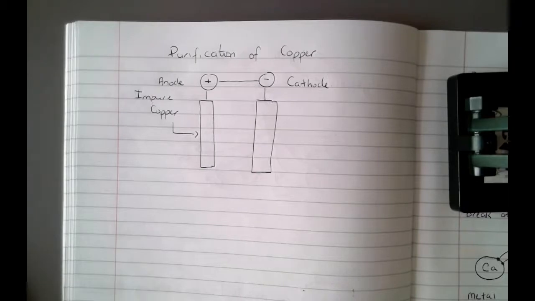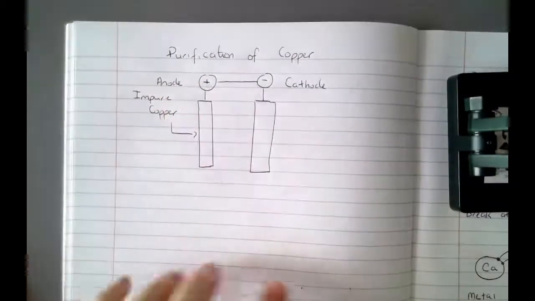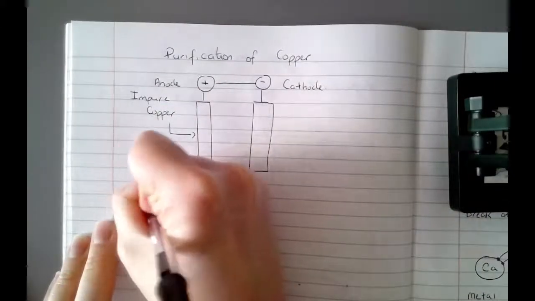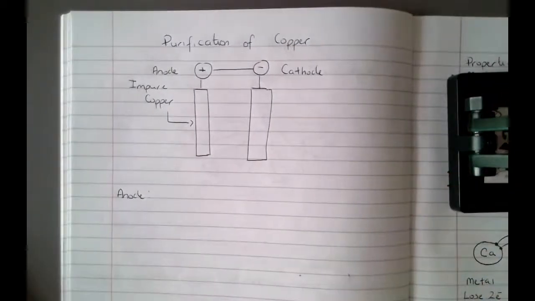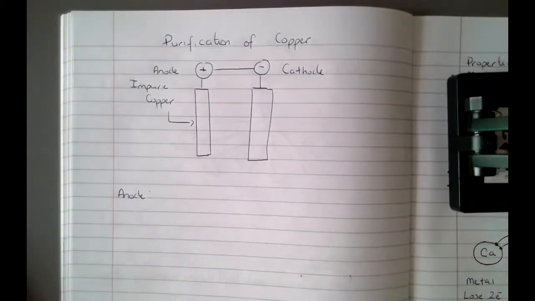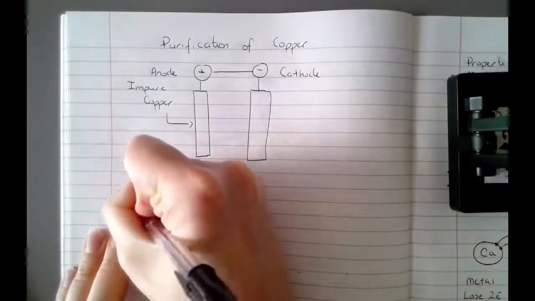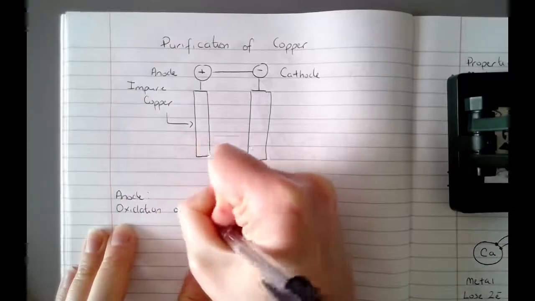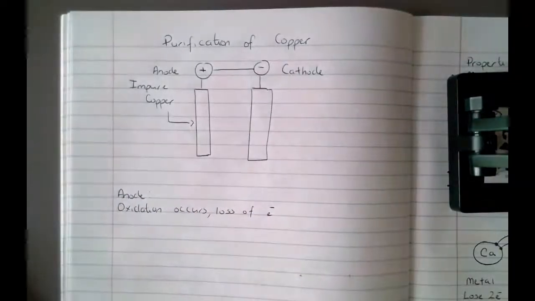And we're going to look at what happens to the impure copper at the anode when you turn the power on. I'm going to write here what happens at the anode. So again, from previous videos, we should know that at the anode, oxidation occurs, and oxidation is the loss of electrons.